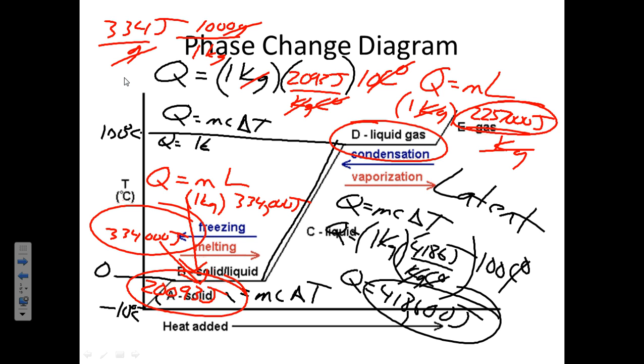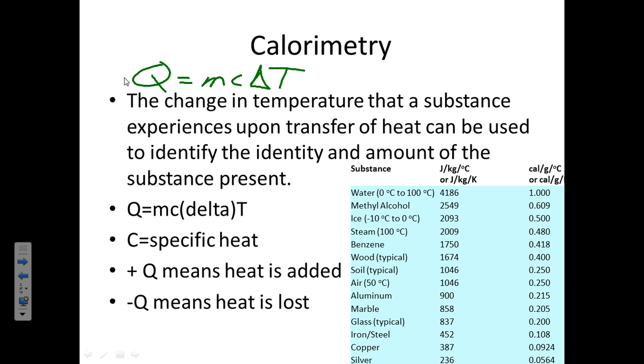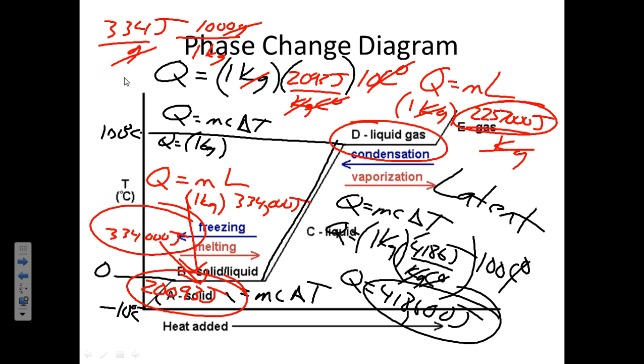So 1 kilogram. Now, what are we going to put in there for that c? Steam has a different specific heat than liquid water. So let's go back and look that up. 2009, and that's joules per kilogram per Celsius degree. So the specific heat of steam, 2009.